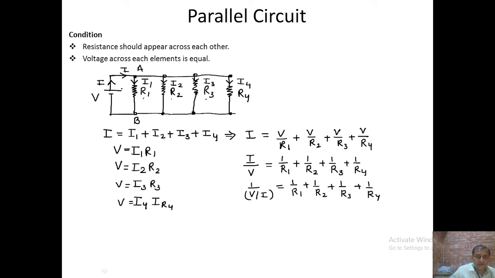Here the overall voltage is V, and the current incoming from this battery is I ampere.